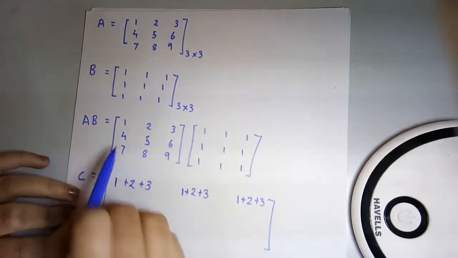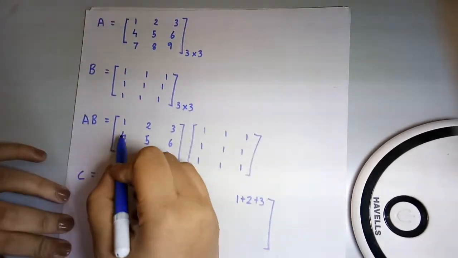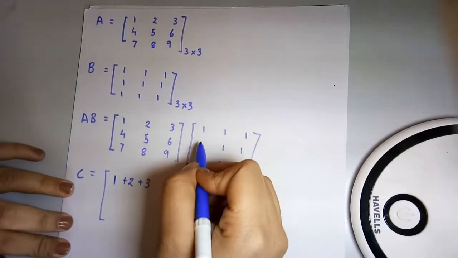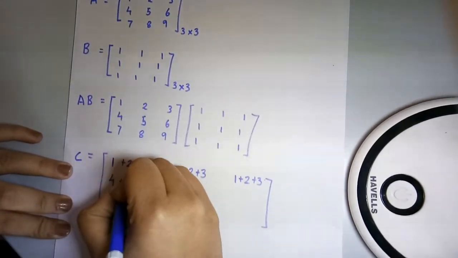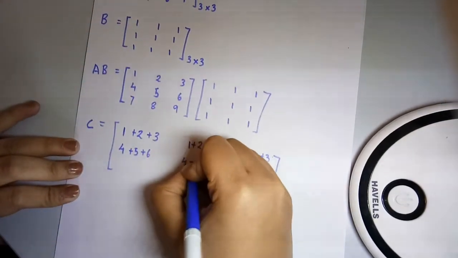Now for the element in the second row and first column, we multiply the second row of matrix A with the first column of matrix B, and we get, similarly.